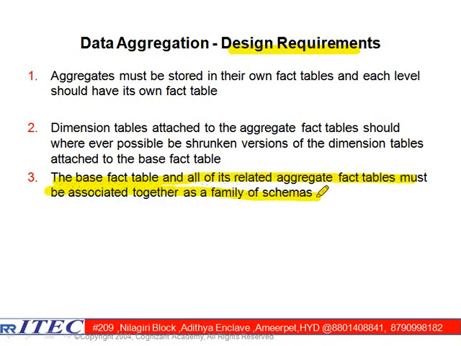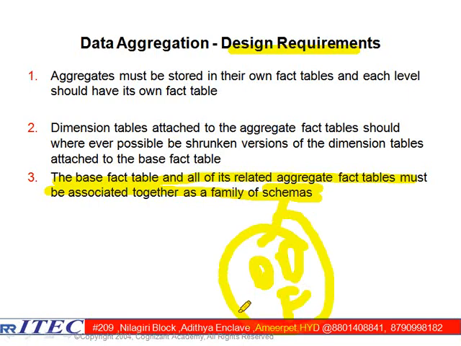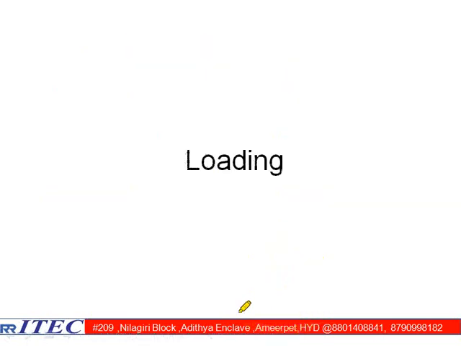That means n number of dimension tables and n number of fact tables are grouped together to form schemas. I will talk about schemas later very clearly. As of now, what is a schema? A schema is nothing but a group of dimensions and facts.